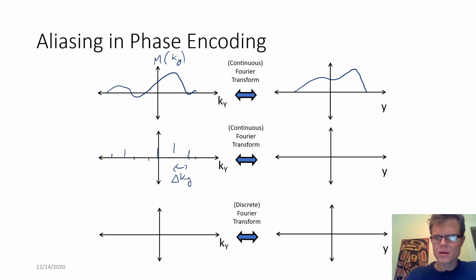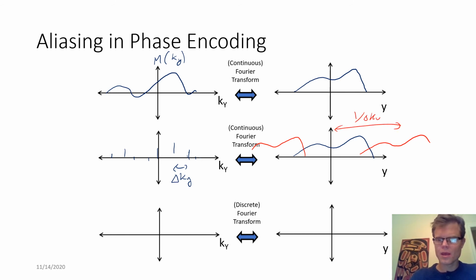We'll have our original object here, but we certainly could have some overlap. And in this case, these are inherently discrete samples, so we can't insert an anti-aliasing filter in here.